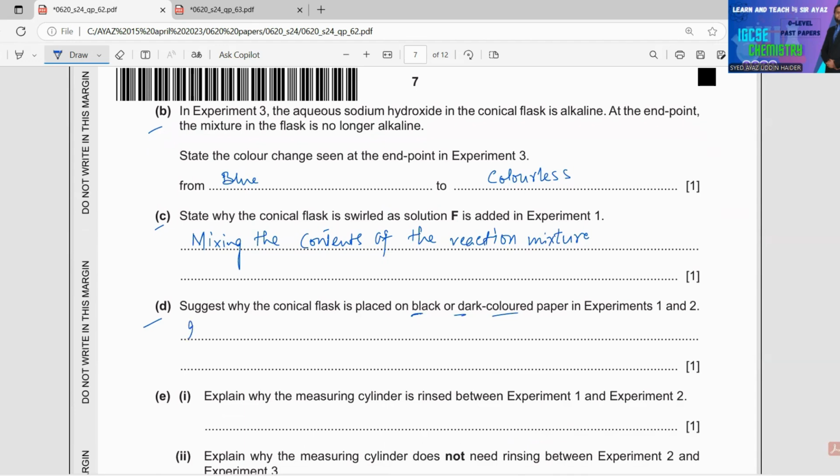So you write it is easier to observe white precipitates. You can even write or cloudiness.